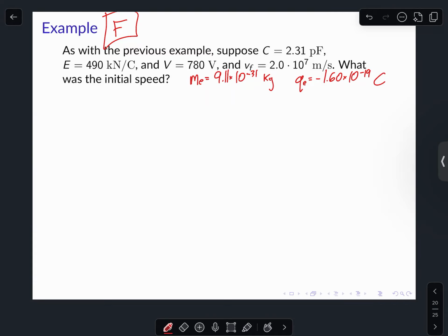Please note that the charge of the electron is negative. The electron is attracted, so it should be speeding up. The initial should be slower than the final.